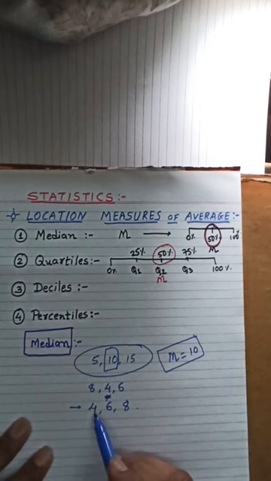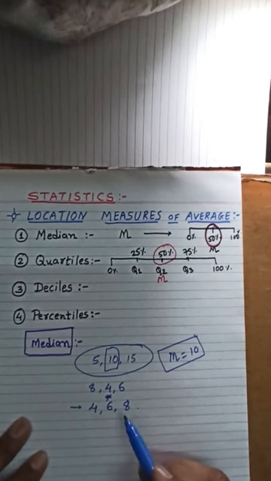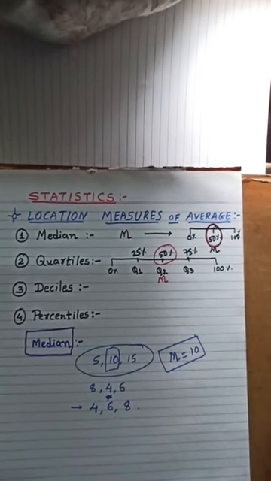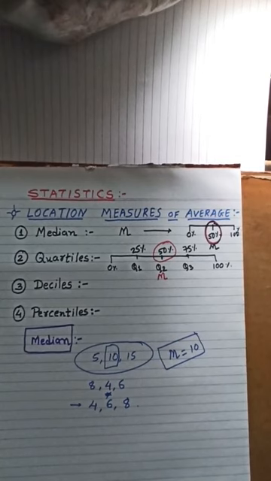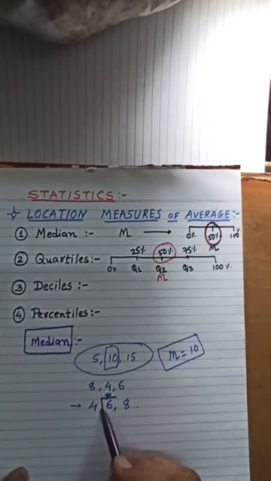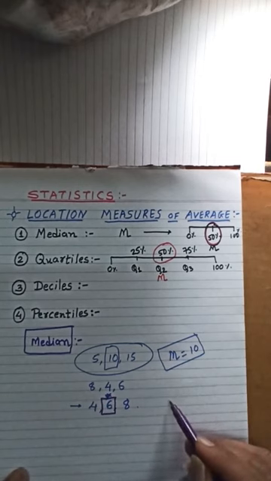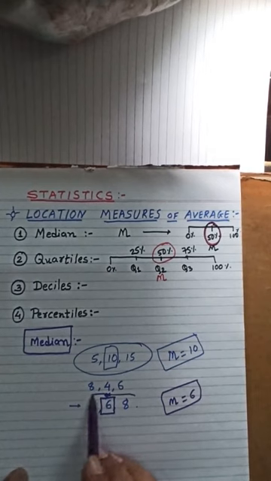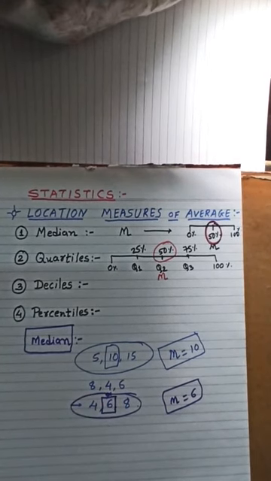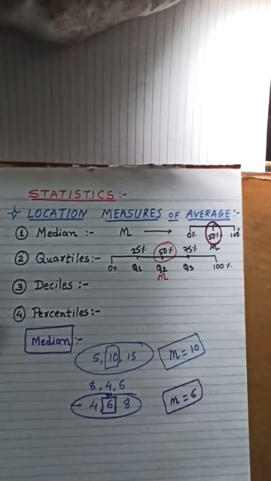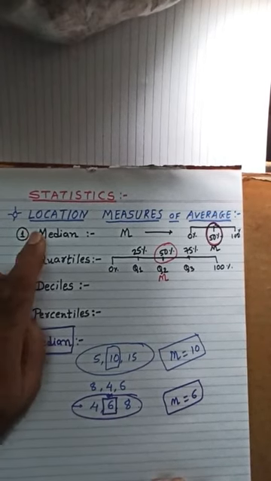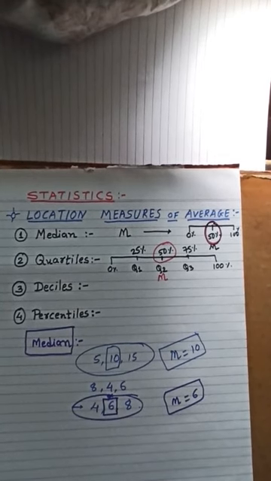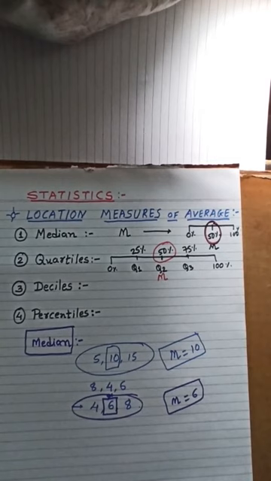The lowest value will be first, then the values increase, and at last the highest value. Now the exact middle is 6, so M is equal to 6. It is compulsory to arrange the observations in ascending order, because it is a location measure of average, it shows us the location of the observation.